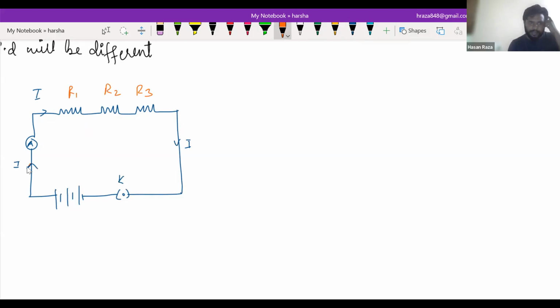If current I is moving through this wire, this I will pass through every resistance. That means the different resistances R1, R2, R3 will have the same current passing through them. If I is going from here to there, then it is moving through R1, R2, R3. That means the same current flows through different resistances. That is basically series. Okay, please write it.